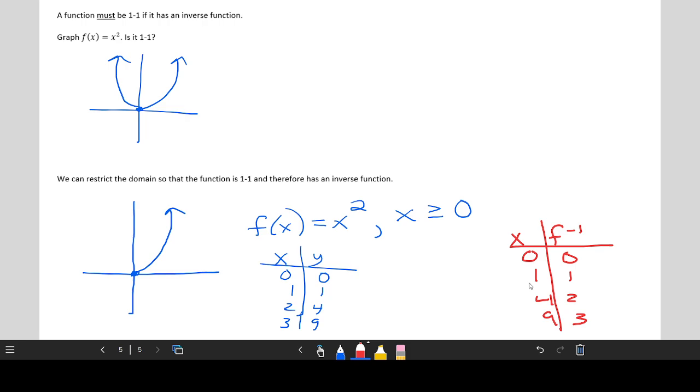Now we're not going to have any duplicate x values because we don't have any duplicate y values in the first table. So now this function with a restricted domain is 1-to-1 and therefore has an inverse function. And you might recognize this. This is the square root of x. Square root of 0 is 0, square root of 1 is 1, square root of 4 is 2, etc.